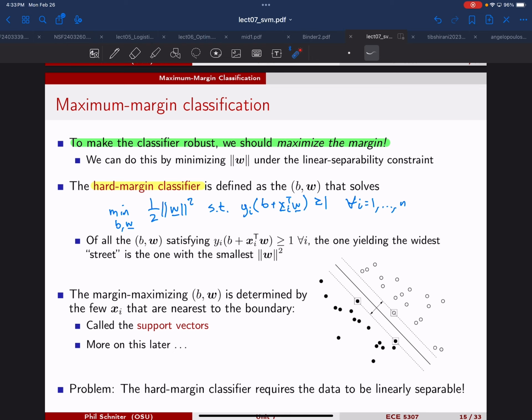Because if I move this other point, either a little farther away or a little closer, it does not change this worst case distance, the smallest distance from the training set to the boundary. The only points that matter to determine that boundary are these 3.